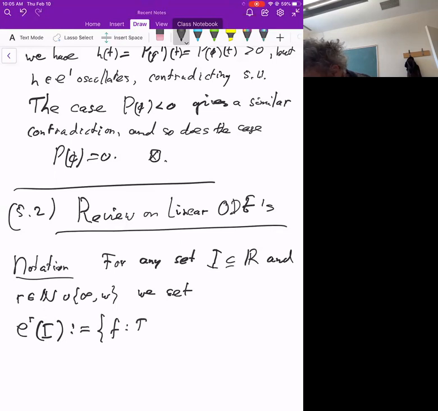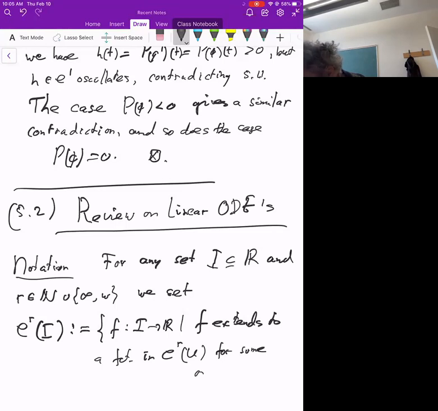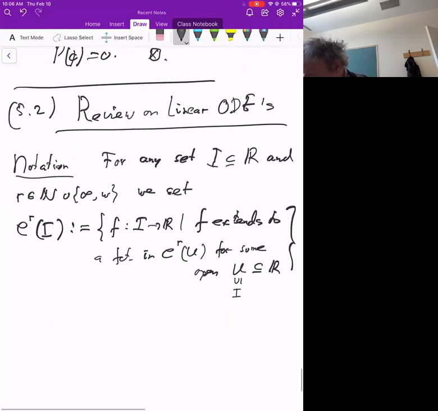And of course U should contain I, for some open set containing I. Otherwise, extending wouldn't make any sense.